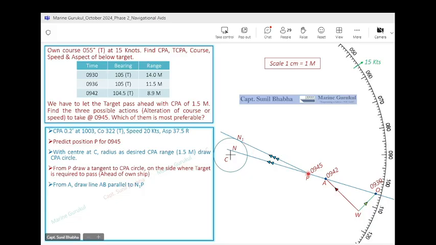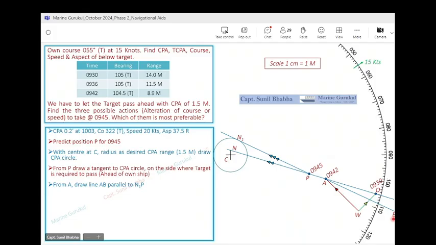That is our new line of approach. You can use whichever plotting tool you have, set square, parallel ruler or sliding ruler. So from point alpha, we draw a line parallel to our new line of approach, that is Papa November 1. You can see that line coming up.